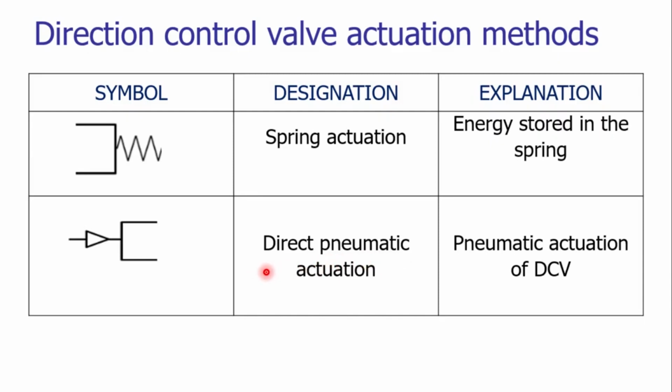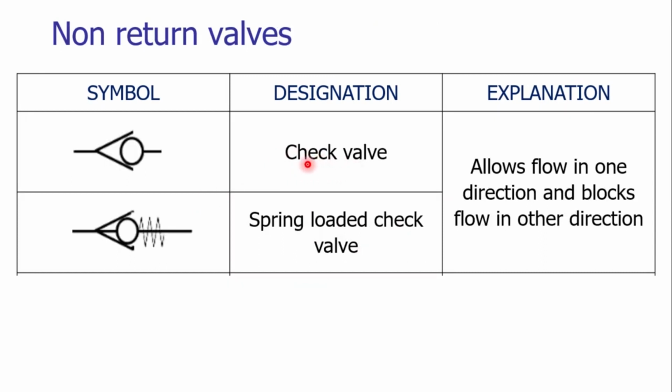When we are using compressed air to operate the valves, we are using an arrow which is not filled in, so an empty arrow, and that designates the direct pneumatic actuation.